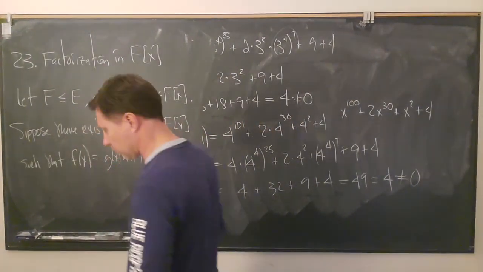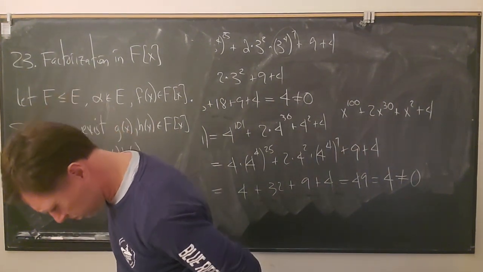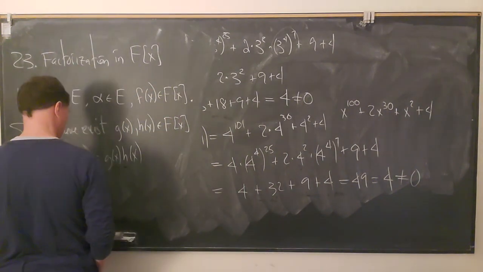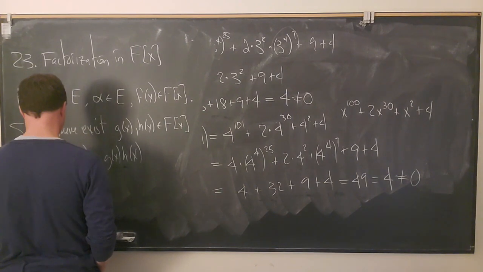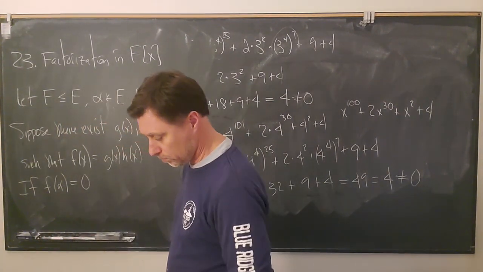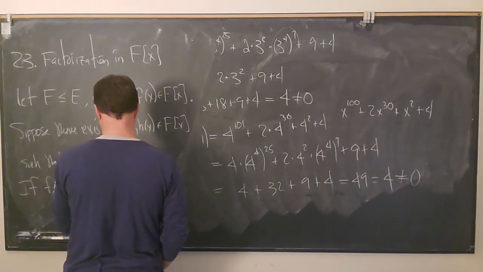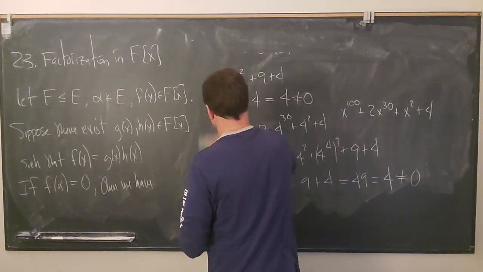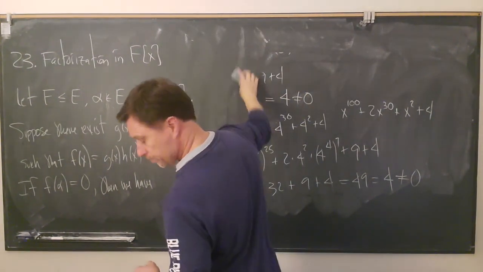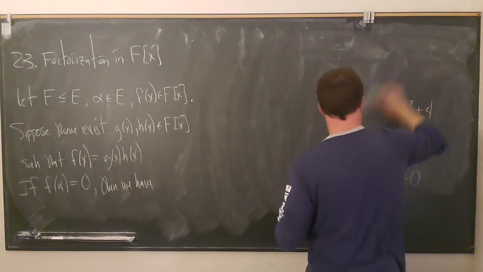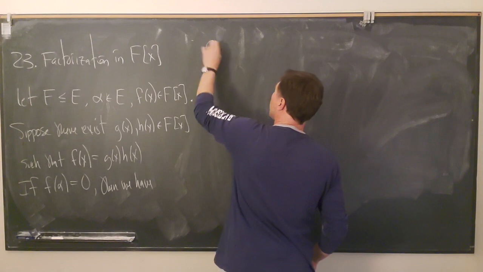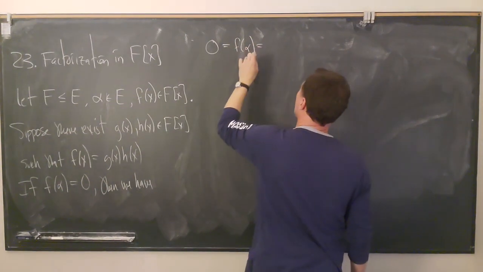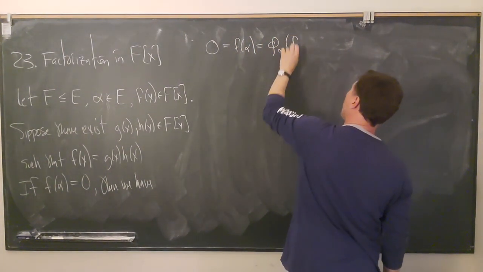Now if f of alpha is equal to 0, then we have 0 equals f of alpha, which is phi sub alpha of f of x.